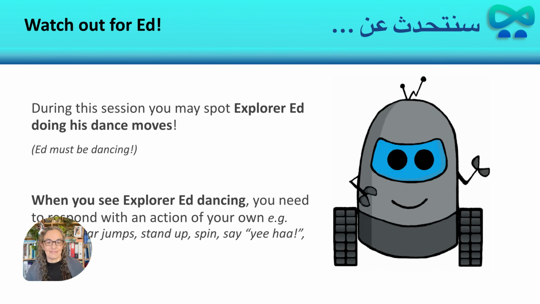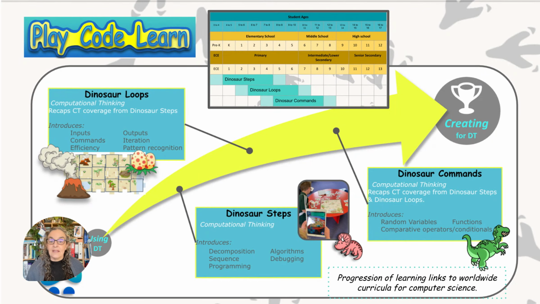And then obviously we go into our Dinosaur Commands kit, which is what we're focusing on today, which goes deeper into computational thinking and computer science concepts, including things like introducing variables, functions or procedures, conditional statements, events, broadcasting, and much more.